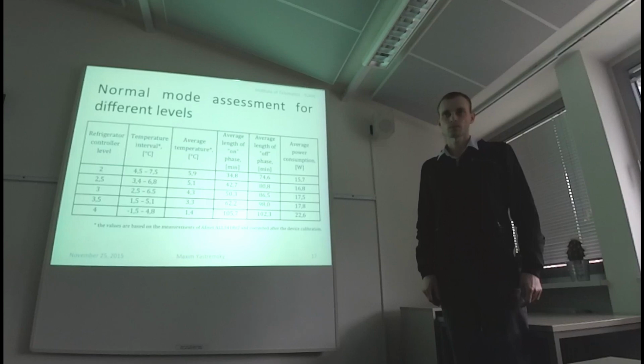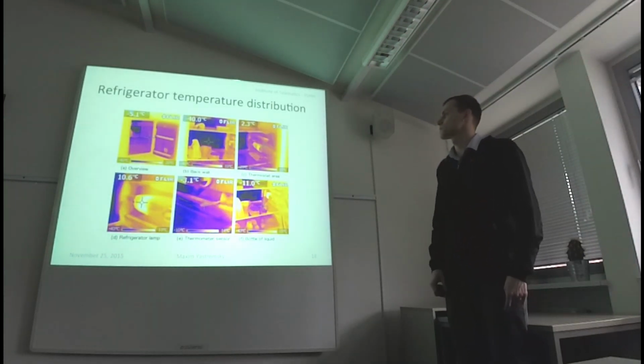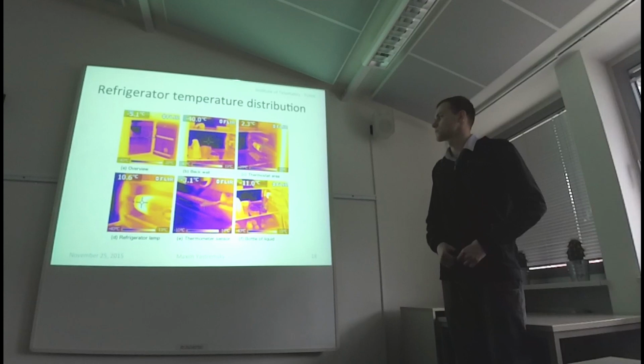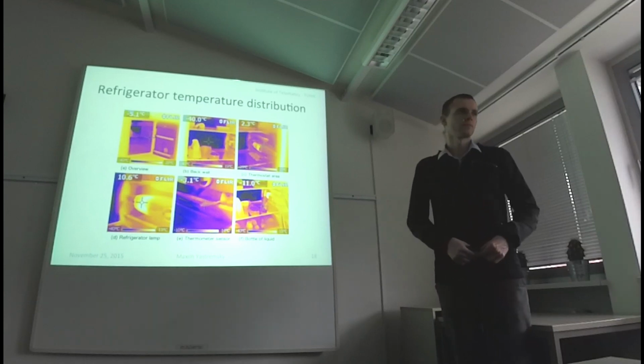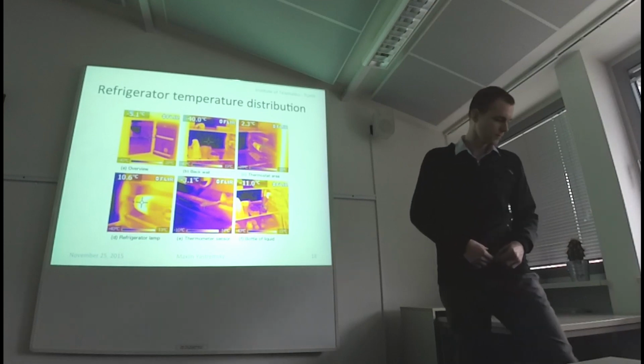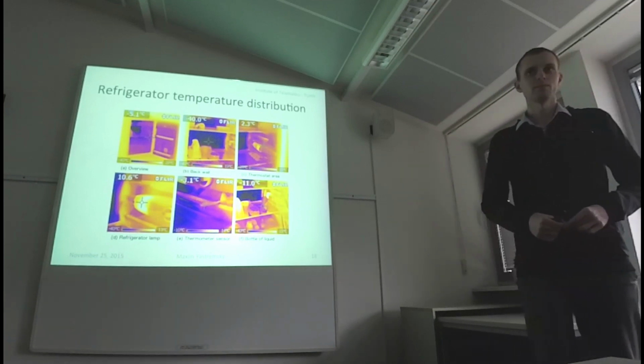But may I quickly add that temperature accuracy is a problem anyway. If you go to the next backup slide, you see that we have 50 degrees difference between the warmest and the coldest point. So a 2-degree measurement error is small inside the fridge.